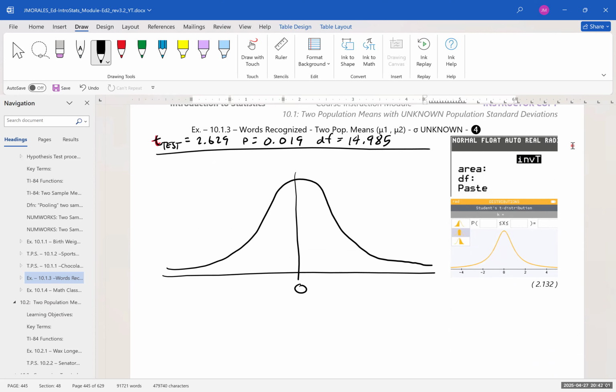There we go. This is two-tailed because of the alternate hypothesis. So we're going to have a positive T critical value and a negative T critical value. So we have the area in the tails, which is going to be the significance level divided by 2.